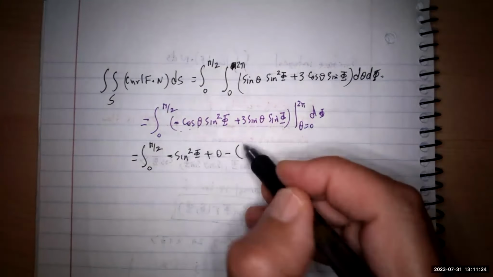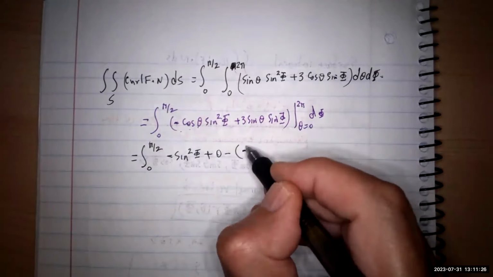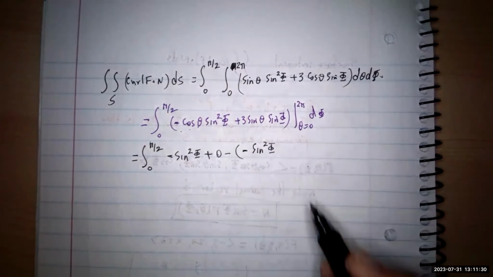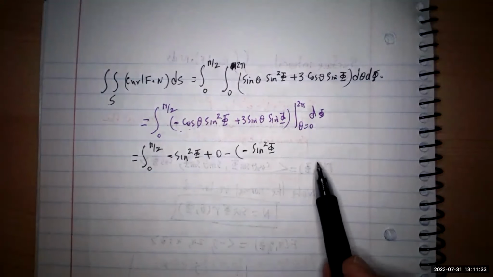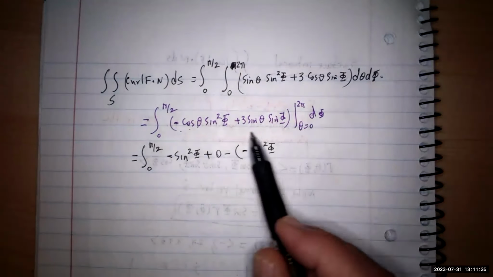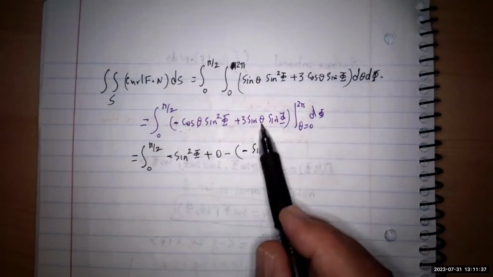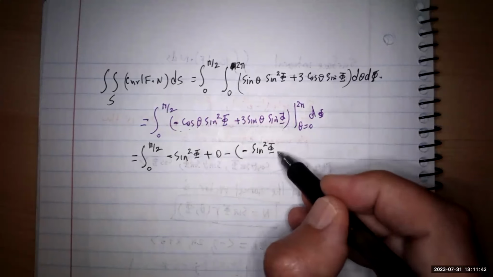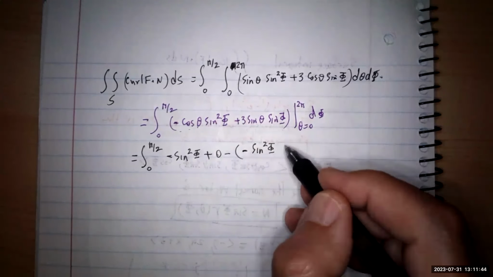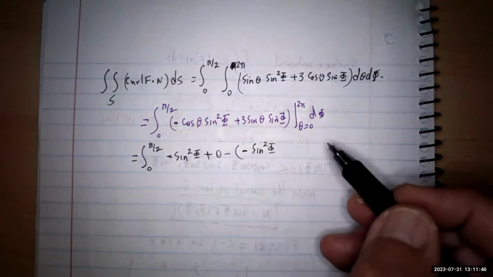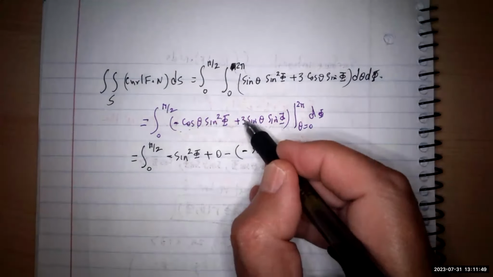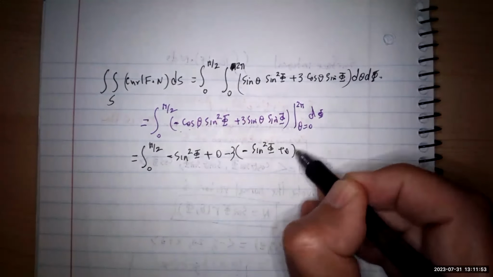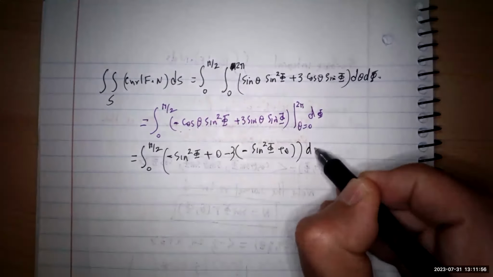So that gives me negative sine squared of phi. And if I put theta equal to 0, then the sine of the 0 is 0. So that won't give me anything here again. Okay, and there is a 3 here, sorry. That's a 3. Okay, that would be 0.